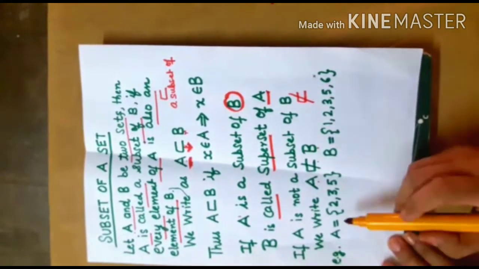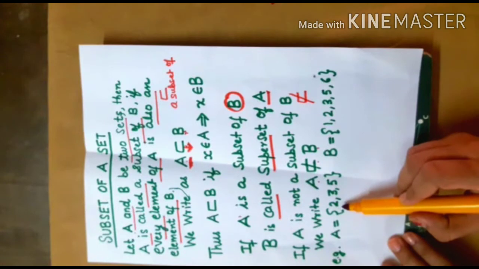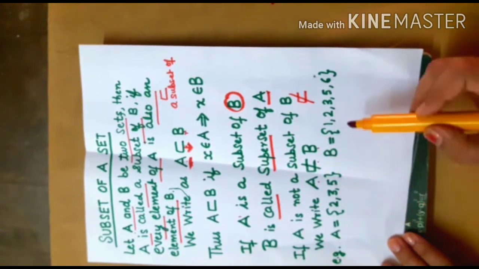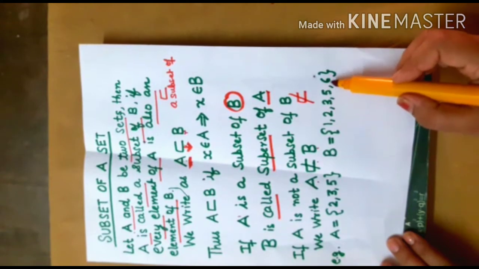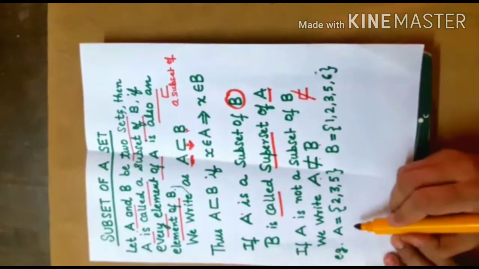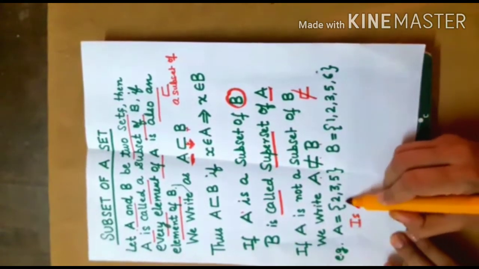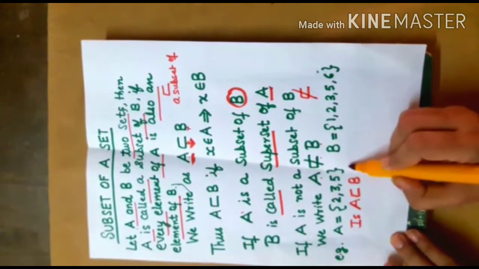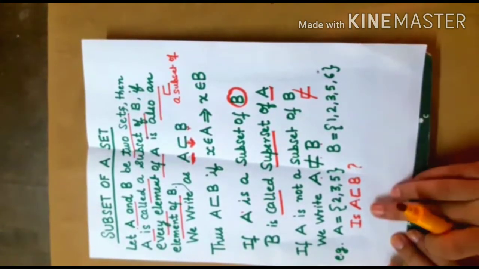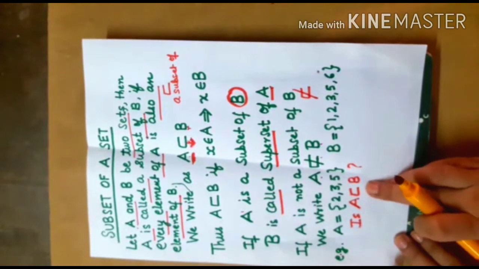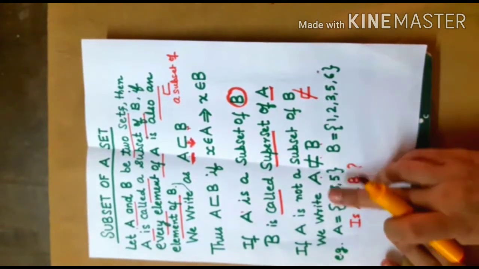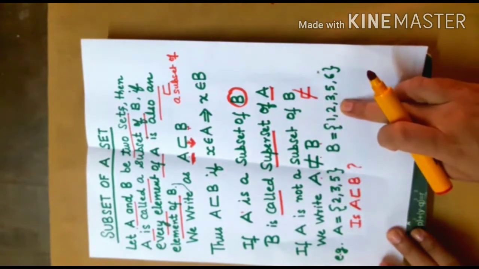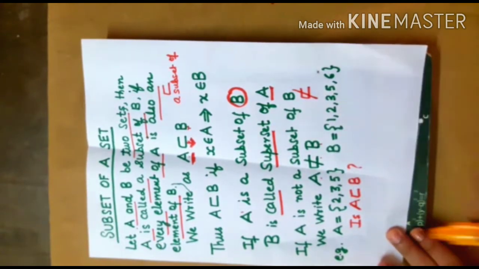For example, consider the set A with elements 2, 3, 5 and the set B with elements 1, 2, 3, 5, 6. Now the question is, is A a subset of B? A will be a subset of B if every element of set A is also present in the set B. So let's check that.